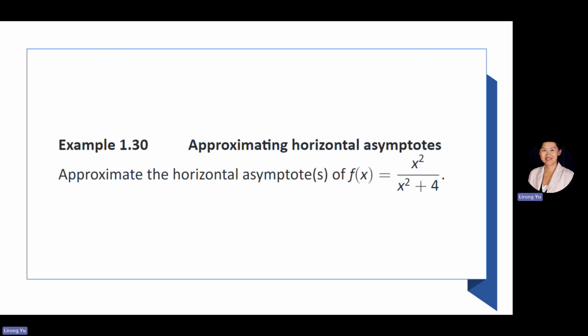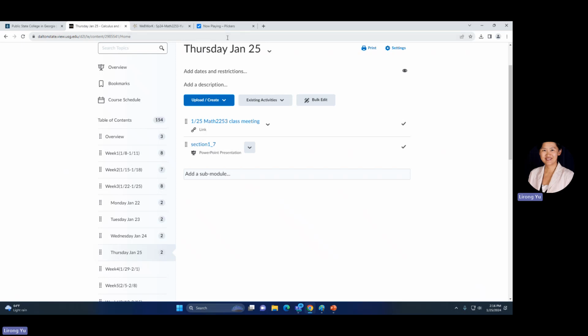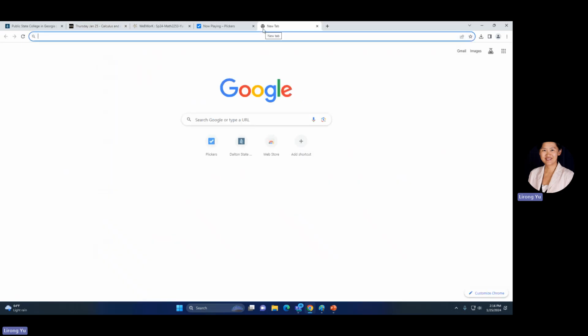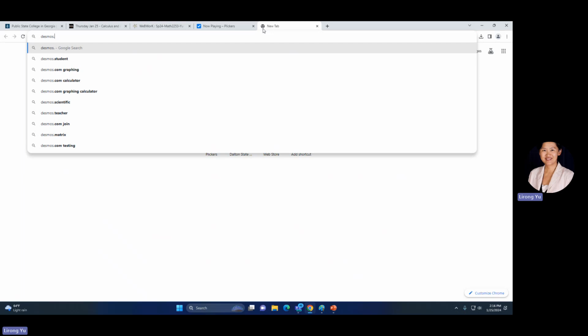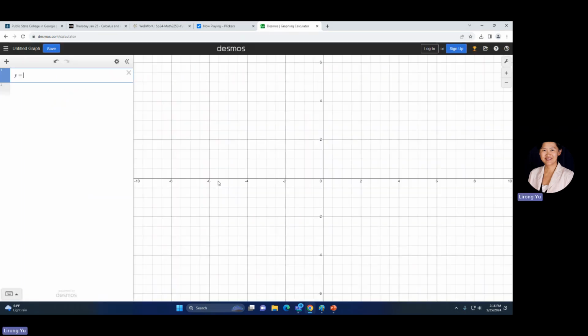And you can see it by graphing it, but for now, we're trying to make sure that we're able to describe it with or without the graph. So if you get this function, y is x squared divided by x squared plus 4. Well, x squared over x squared is a horizontal line, but with the plus 4, that causes the denominator to be bigger than the numerator.